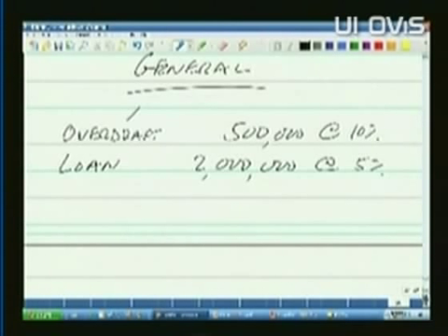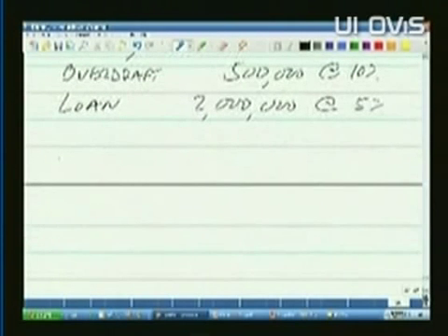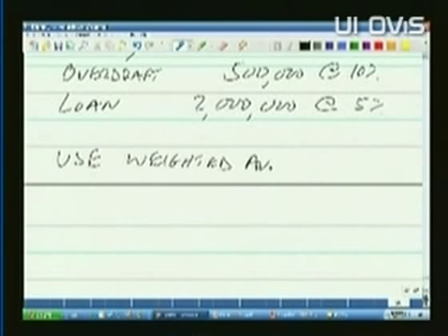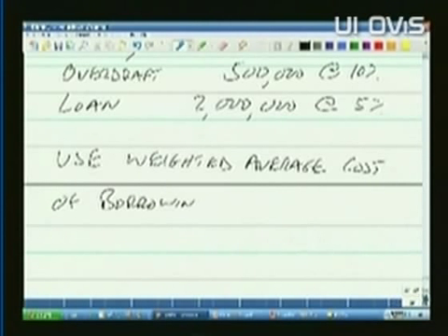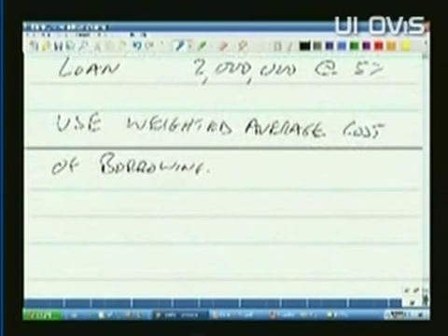What we have to do is we have to say, right, I need to capitalise my borrowing costs. And what I have to use is a weighted average cost of borrowing. Okay? So I need to calculate a weighted average cost of borrowing.